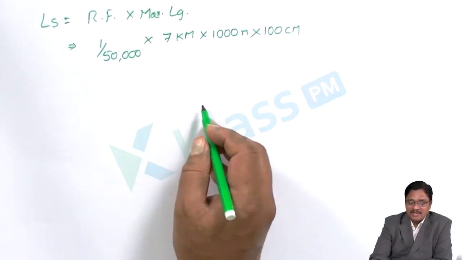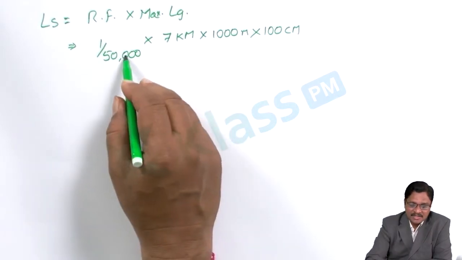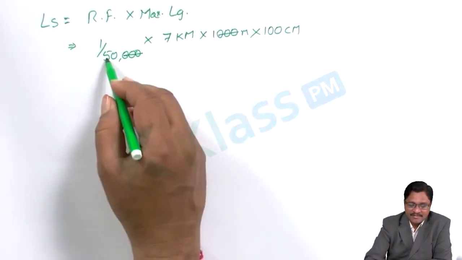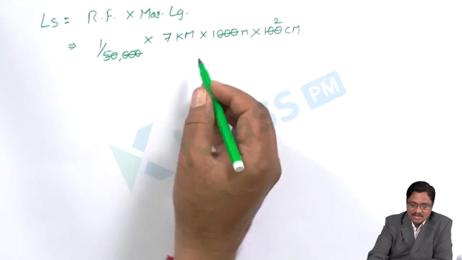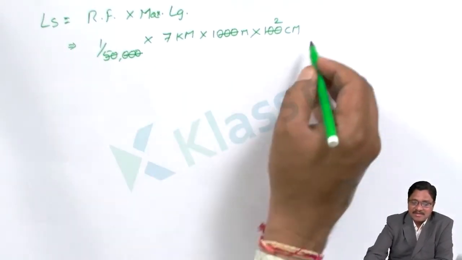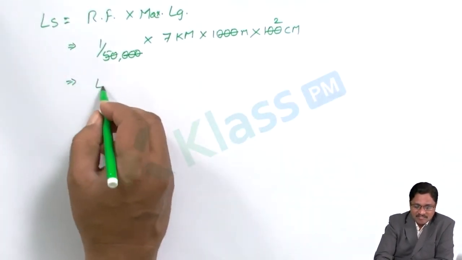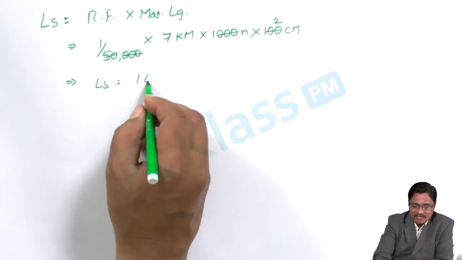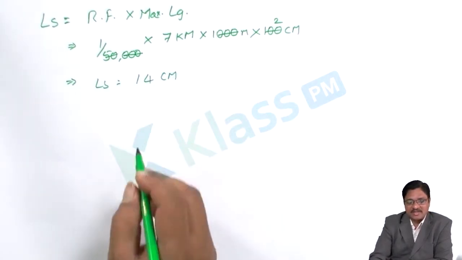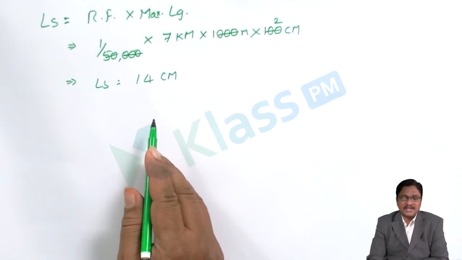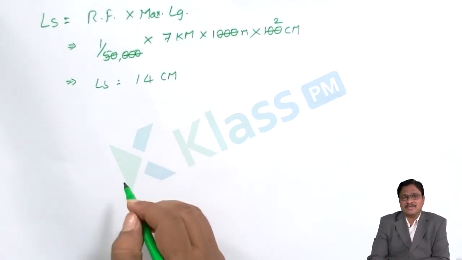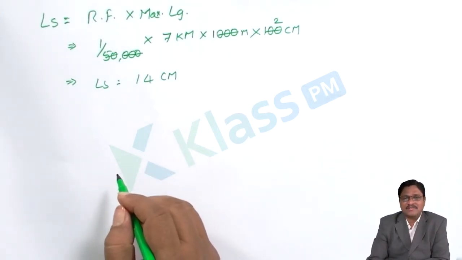So now I simplify. The 3 zeros get cancelled. So what the leftover is, you are getting LS as 2 into 7, 14 centimeters. So once you get the LS, then the next step comes into representation of the values.